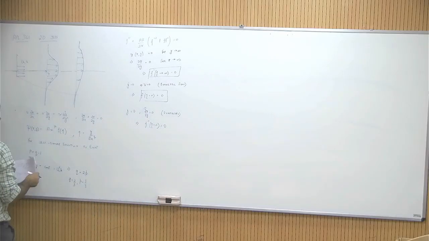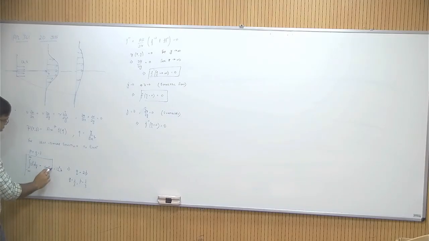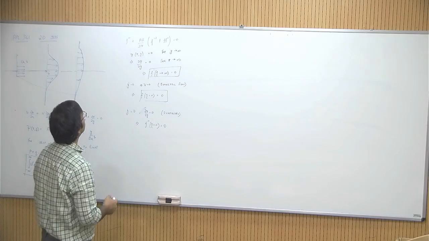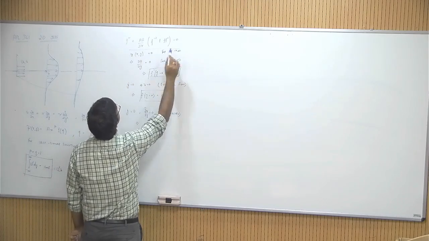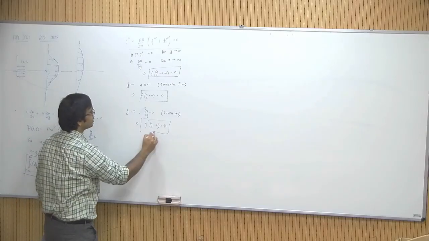Okay, these were our boundary conditions, and as you will see soon that this is also something that will be required. Let's see if this is required or not, and we'll proceed with the algebra. So we have to solve this equation subject to these three boundary conditions.